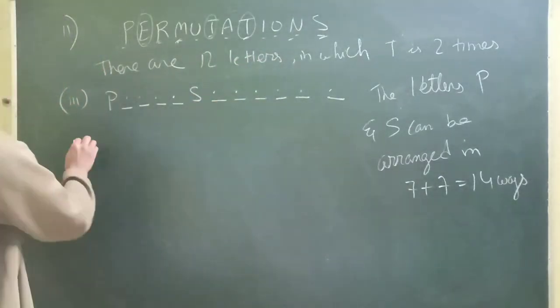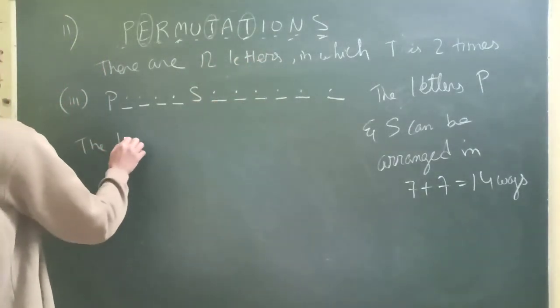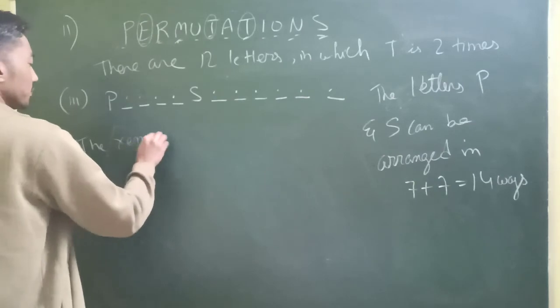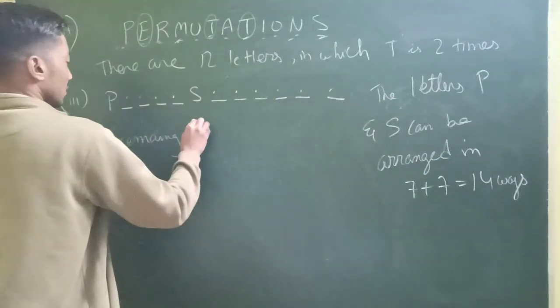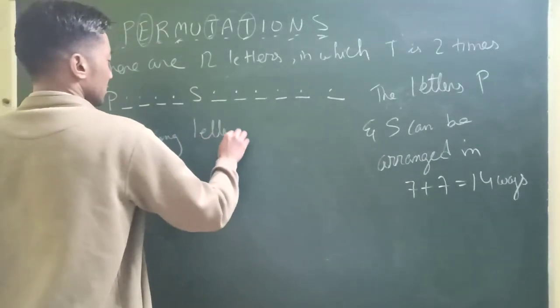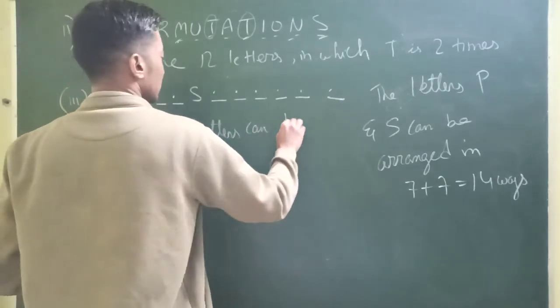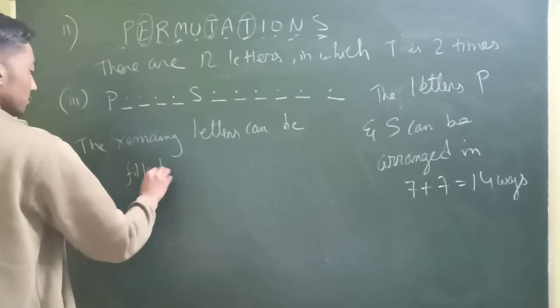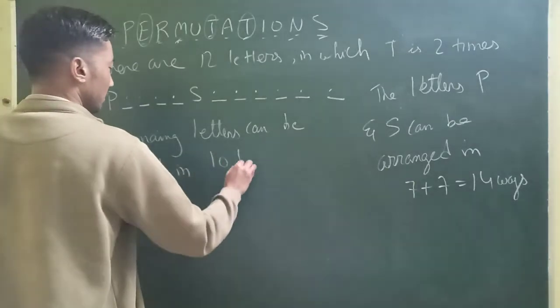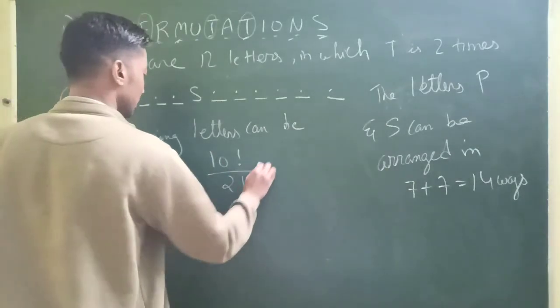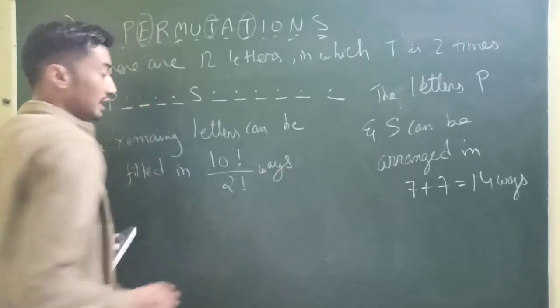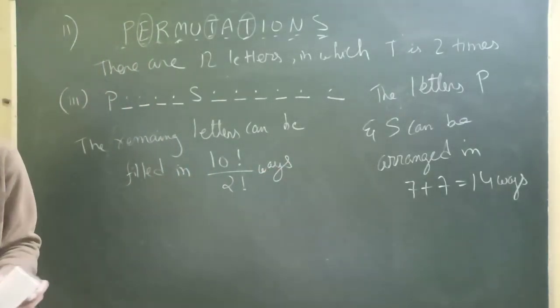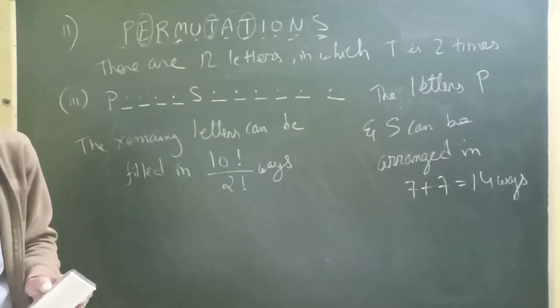So in that case, the remaining letters can be filled in 10 factorial divided by 2 factorial ways.